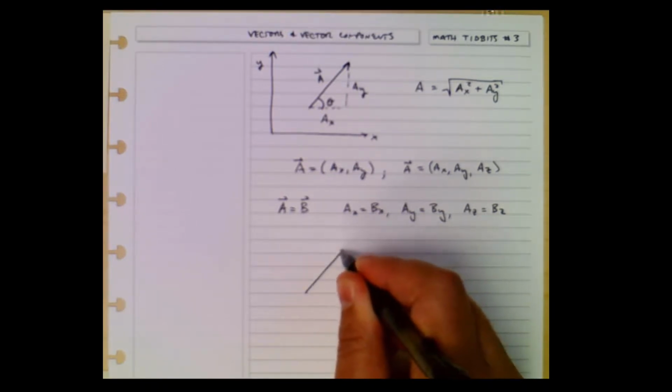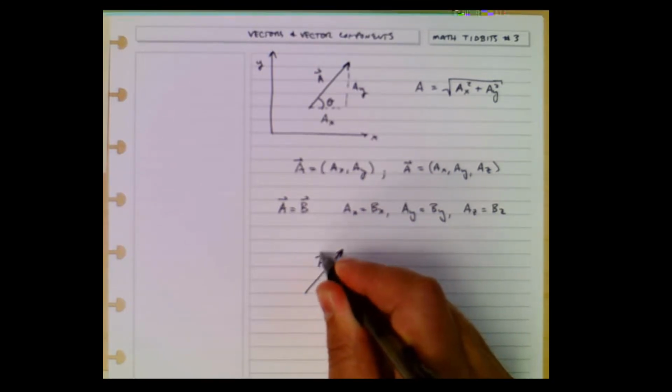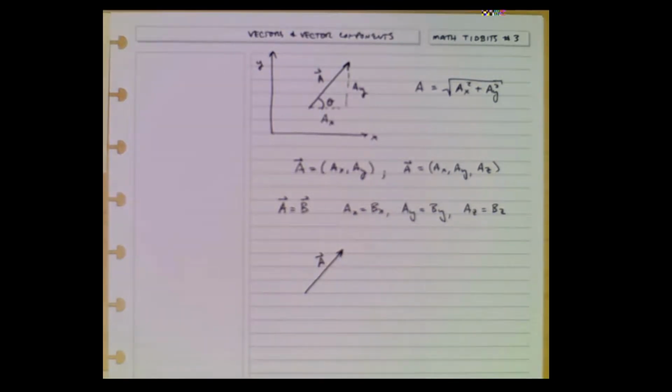So here's my vector A. That vector is a vector in space. And the coordinate system that we use doesn't change the nature of the vector. What it will change is the components in various directions.